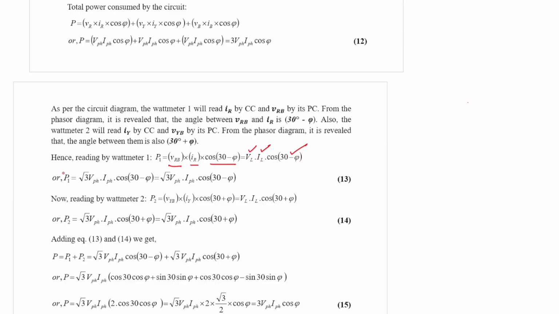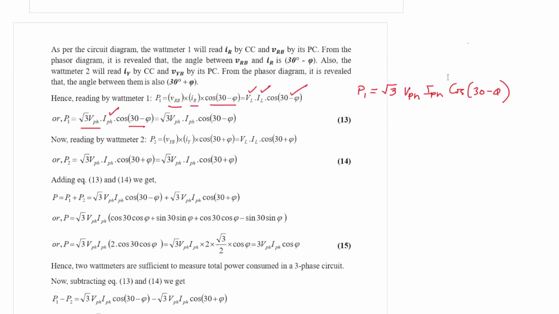So P1 is equal to line voltage in terms of phase voltage, which is √3 times V phase, and IL becomes I phase, into cos 30 minus phi. So altogether we have the relation P1 equals √3 V phase into I phase cos 30 minus phi.